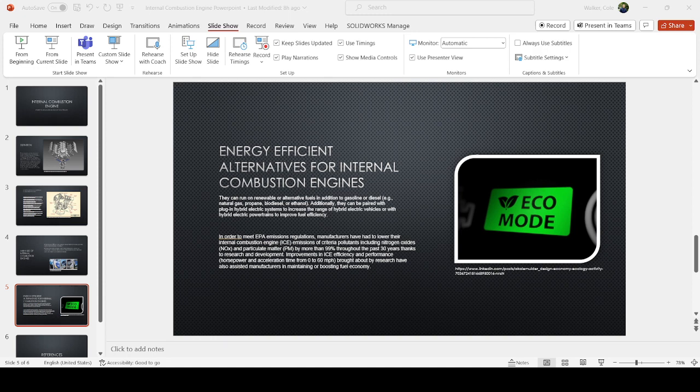So as of now, the EPA has regulations on the ICE, the internal combustion engine, and they also have to have particle matter filters and the O2 sensors that are measuring the amount of nitrogen oxide that's coming out of those engines going through the exhaust pipe. So over the past 30 years, things have drastically dropped when it comes to emissions, and that has actually assisted the manufacturers and boosted the fuel economy. So, it's coming out good in the long run for everyone.